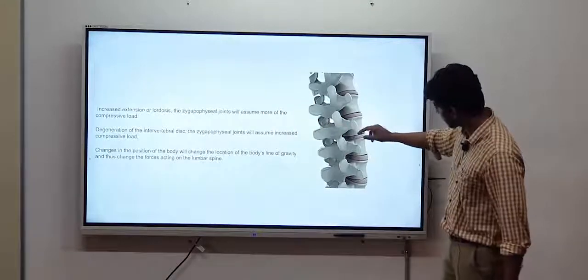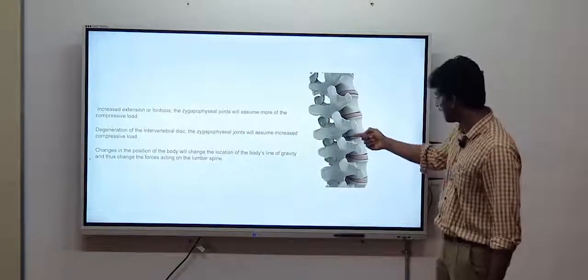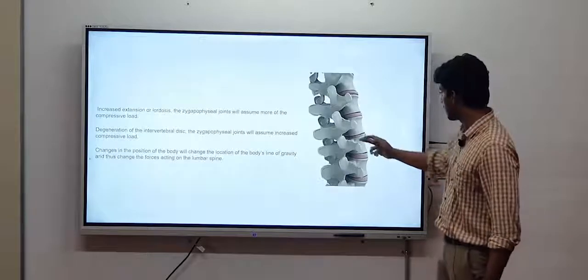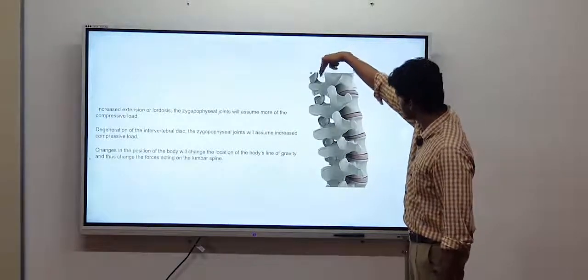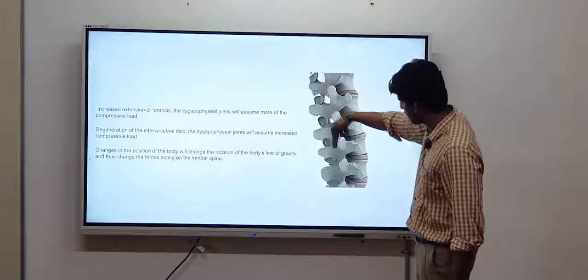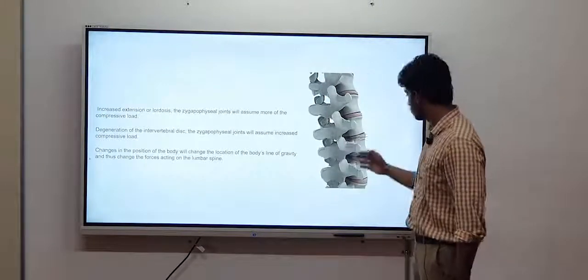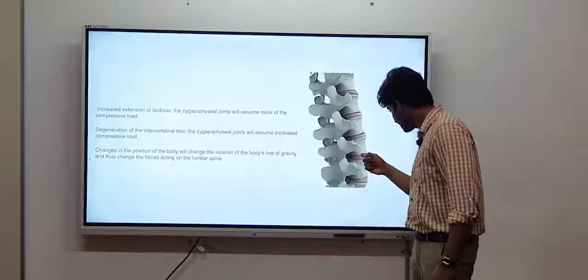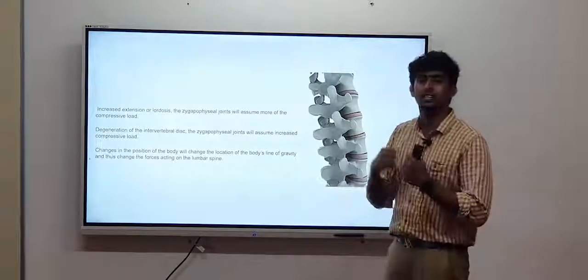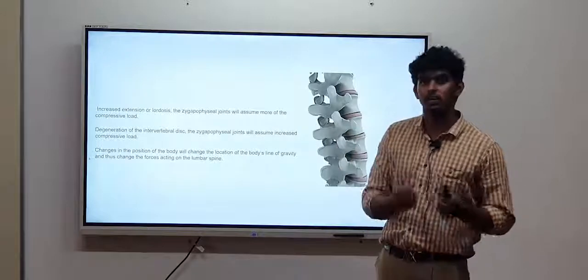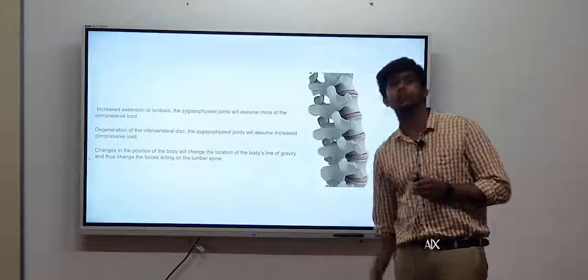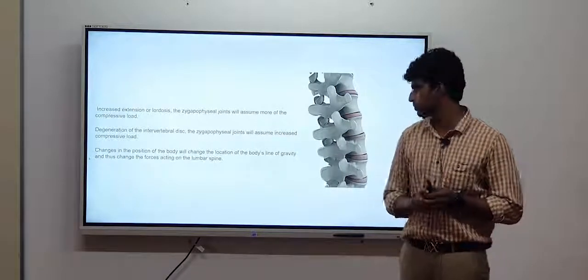If the compressive load on the disc is more, the disc can come out. As I mentioned in the earlier classes, the spinal cord is passing through the vertebra. So the disc will come out and there are more chances it can compress the spinal nerves. That's one reason why they are getting a radiating pain down to the lower limb.